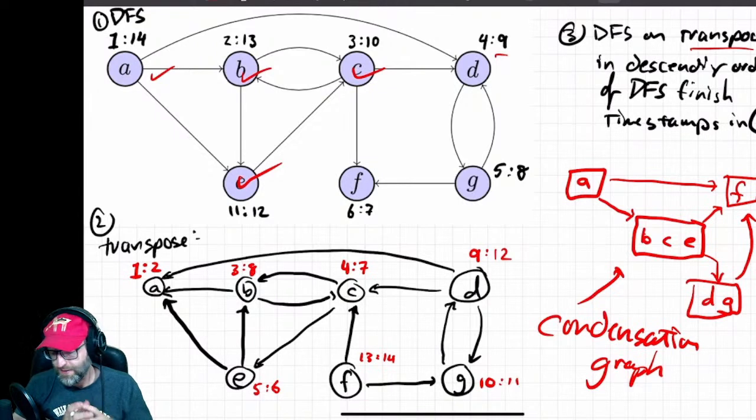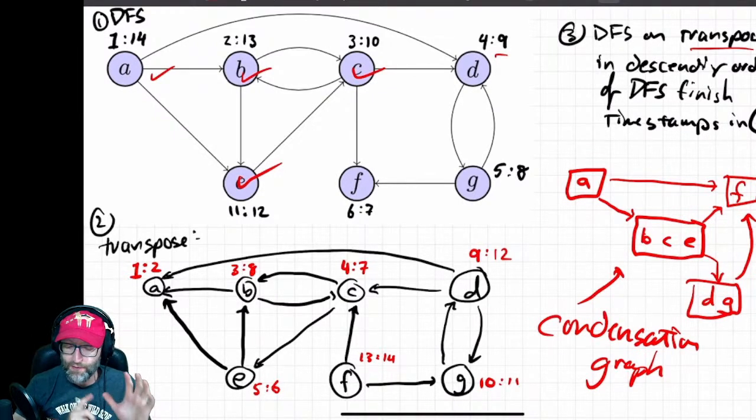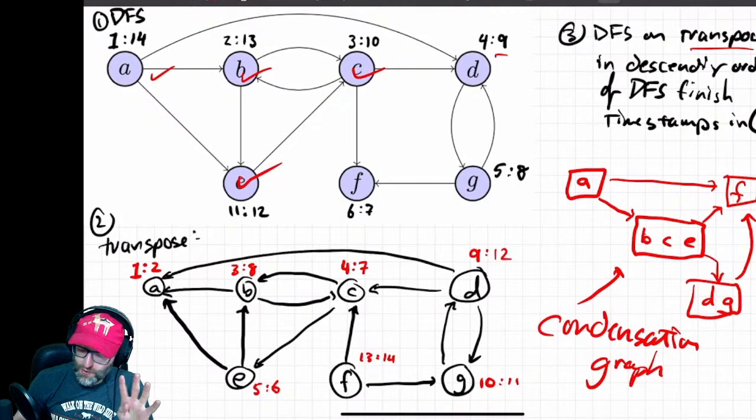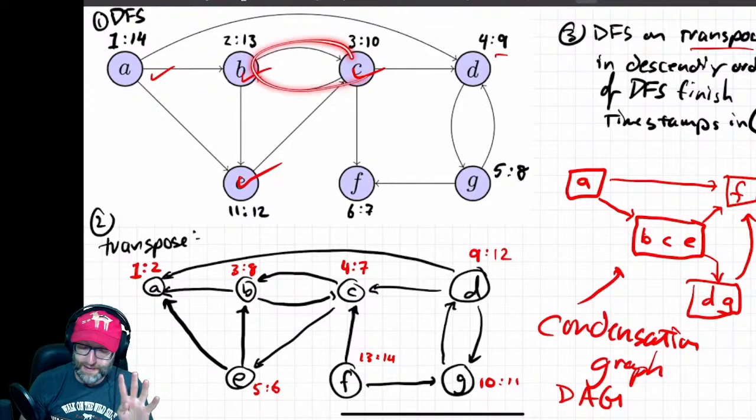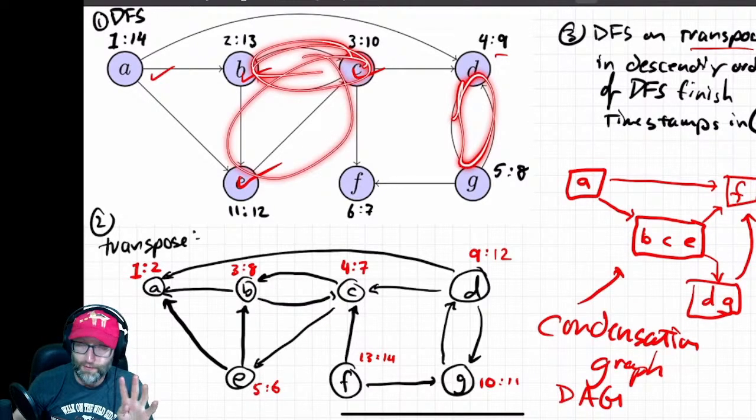Now, this is a small example, of course, because we did it by hand. But we took a 7 vertex graph and we condensed it down into a 4 vertex graph that is also a DAG, directed acyclic graph. The original one contained cycles, right? Cycle, cycle, cycle everywhere.